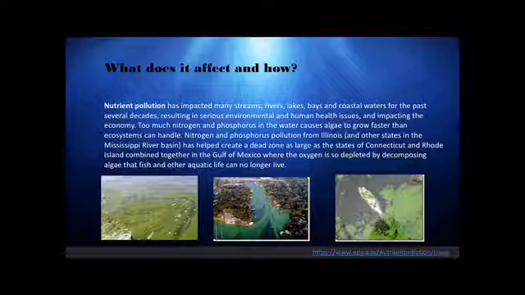For example, nitrogen and phosphorus pollution from Illinois and other states in the Mississippi River basin has helped create a dead zone as large as the states of Connecticut and Rhode Island combined together. This happened in the Gulf of Mexico, where the oxygen is so depleted by decomposing algae that fish and other aquatic life can no longer live.